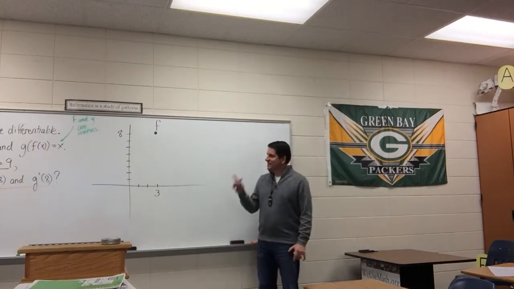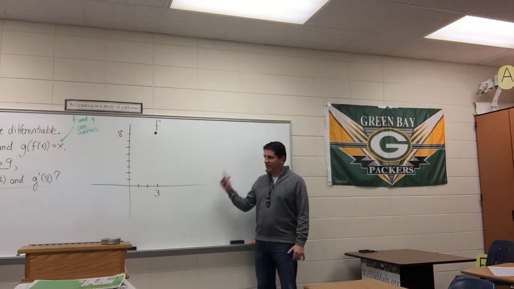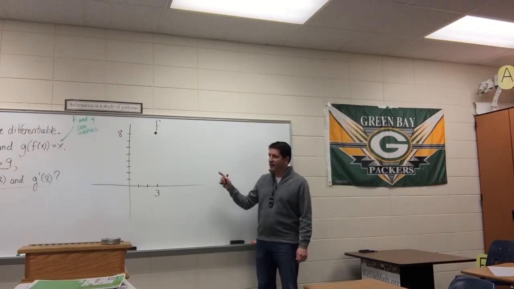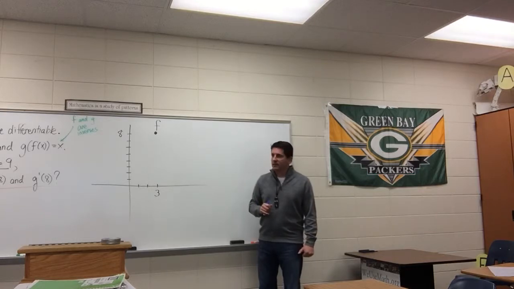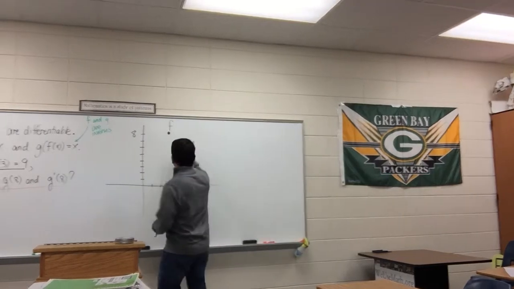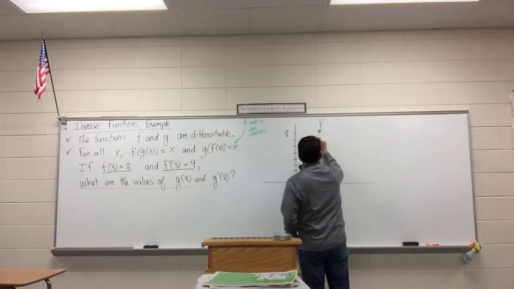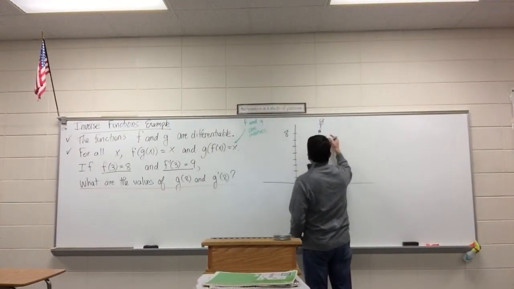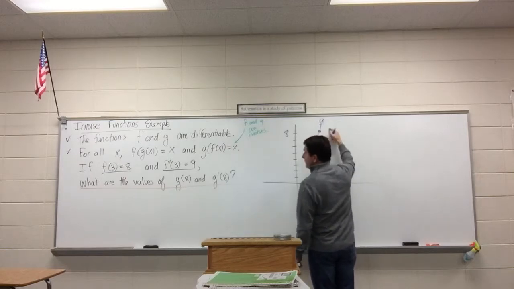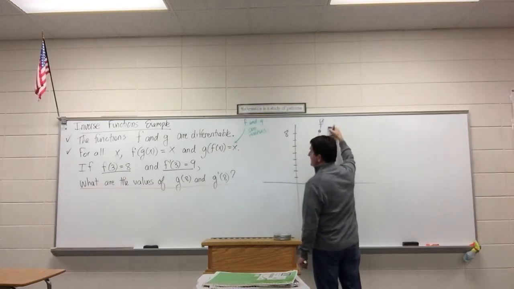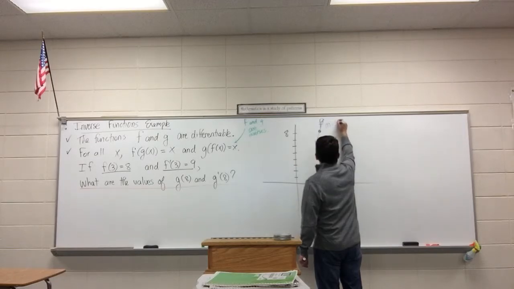The slope of the line tangent to f at x equals 3 is equal to 9. So I can write it like this. I'll draw kind of a steep one here. Okay. The slope of the line tangent to the curve of f is 9. So I can say m equals 9.